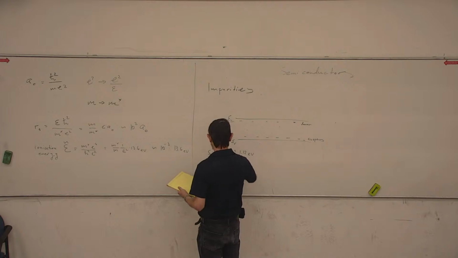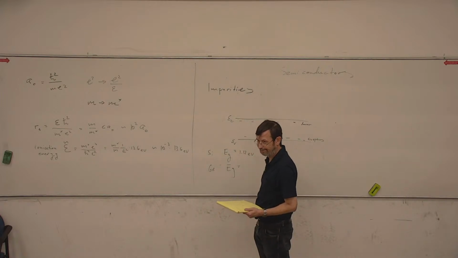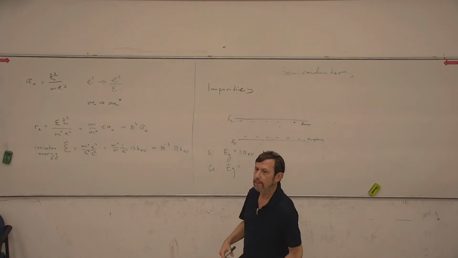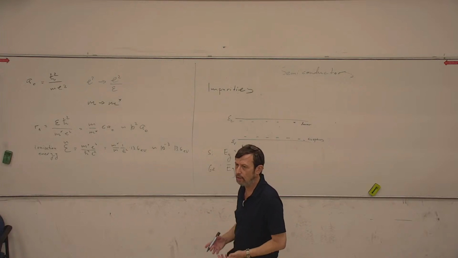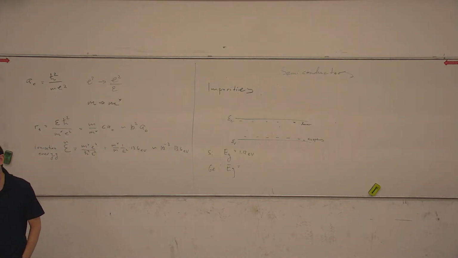Does the crystal structure change with the acceptors? Yes and no. Because you don't have enough electrons to create the bonds. So the answer is, as long as the concentration of impurities is of the orders that I speak about, 10 to the minus 5, 10 to the minus 6, the structure almost doesn't change. You have one less bond. I think about it as a bonded electron at some large distance.